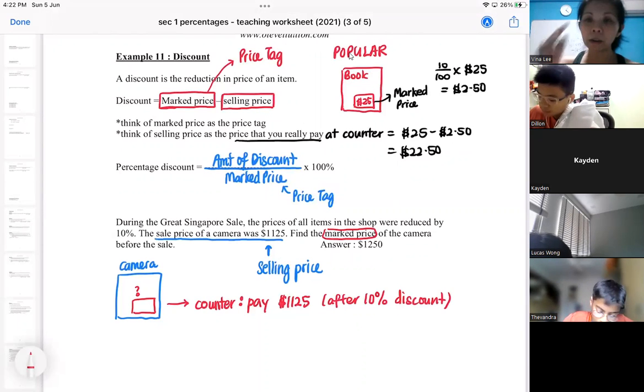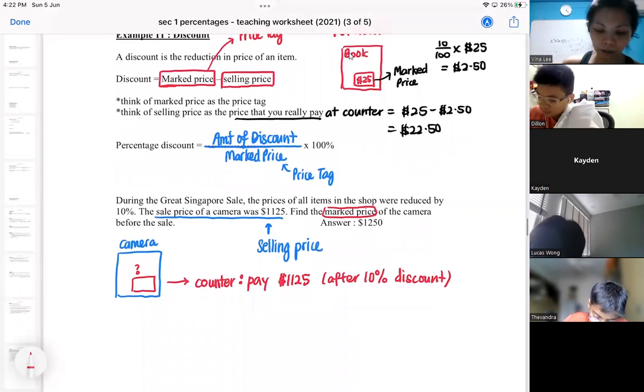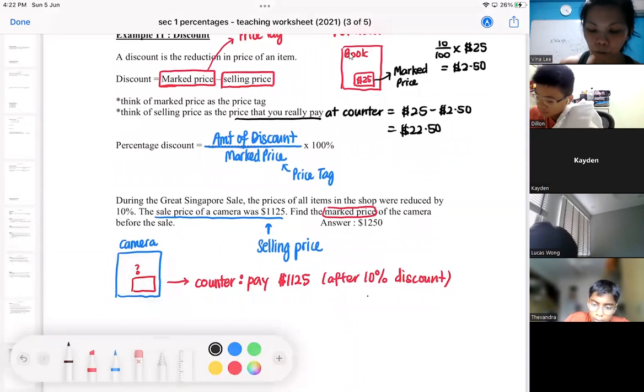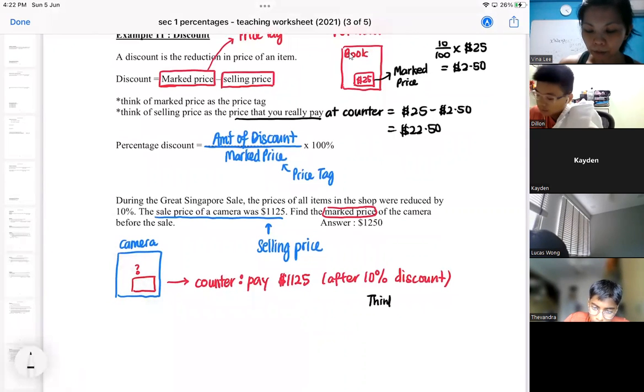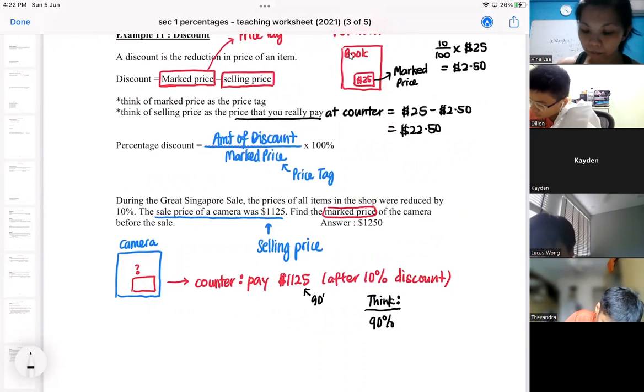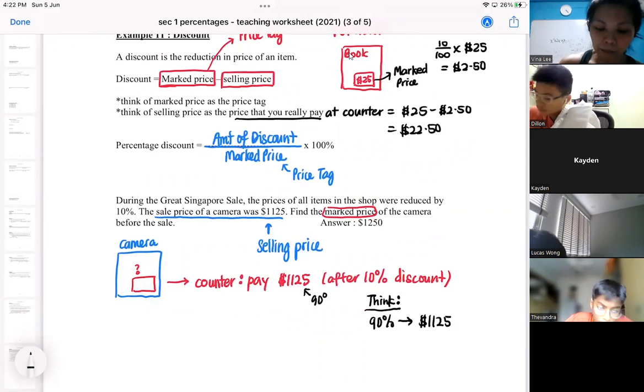In primary school terms, what are you thinking? You think primary school, but don't show primary school. In primary school, I will tell you this is 90%, and the mark price is 100%.